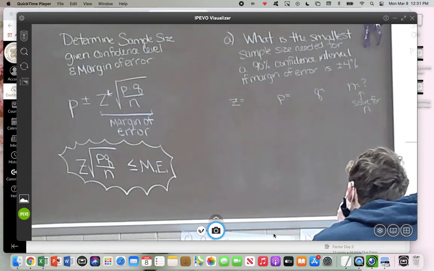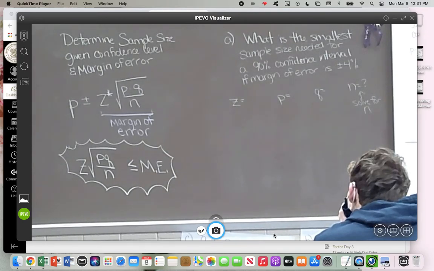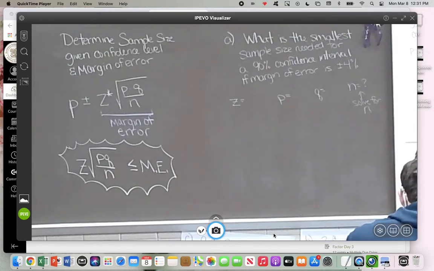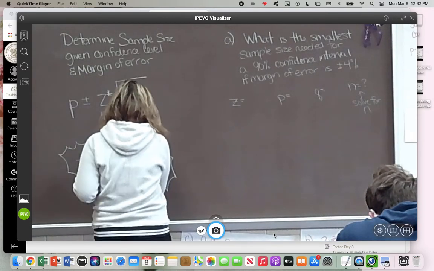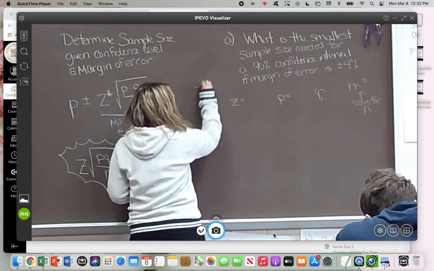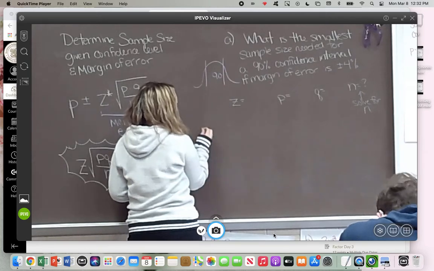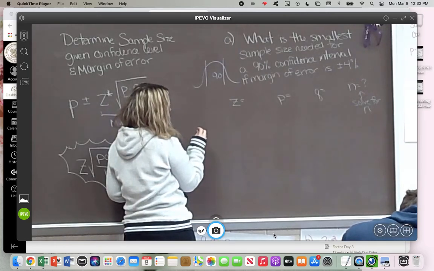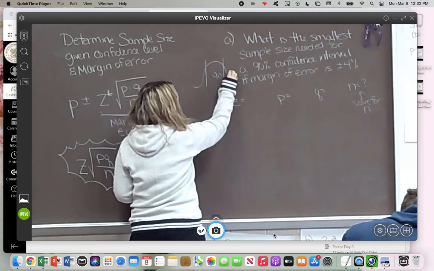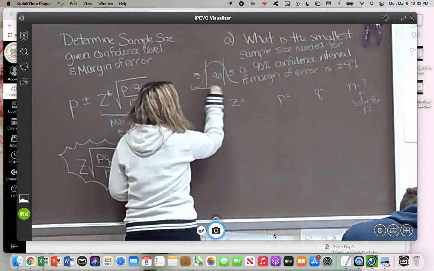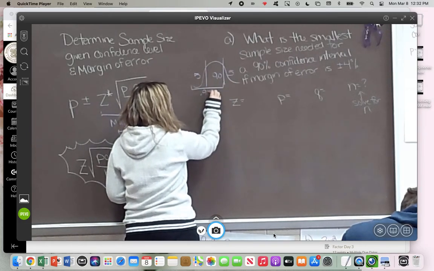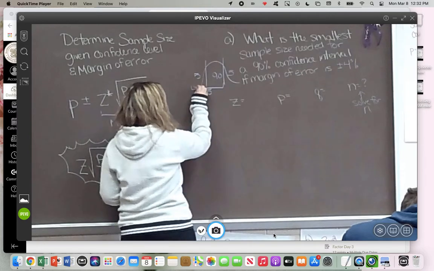So we're talking about a 90% confidence interval. So the first thing I want to do is find the z-value for that. So if it's 90% confidence, what are we going to look up on the chart? If the middle chunk is 90, how much is each tail worth if it all adds up to 100? On your chart, you're going to look up 0.95 because the chart includes our left tail.